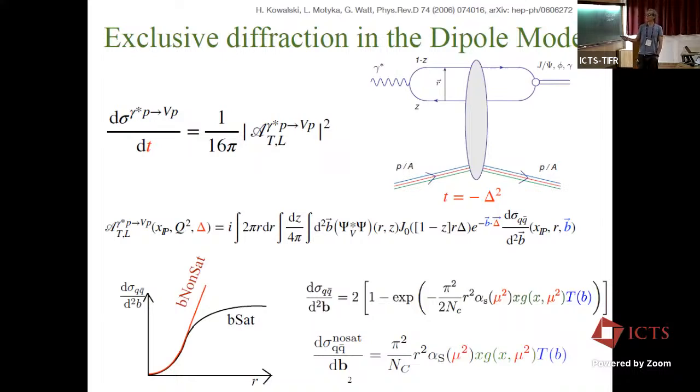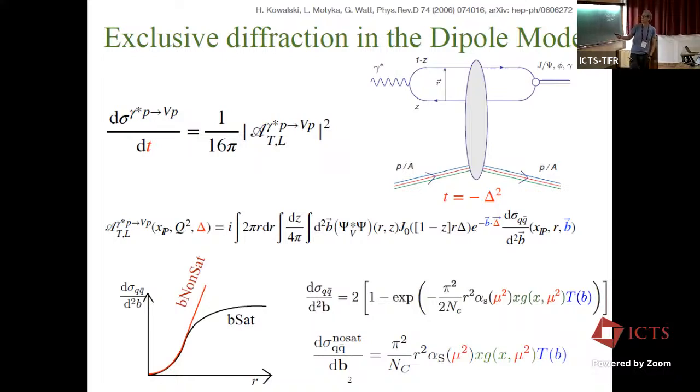The good thing about exclusive diffraction is that we can measure the Mandelstam t variable, which is minus delta squared, where delta is the momentum of this, let's call it a Pomeron exchange. So the amplitude splits up into three parts.